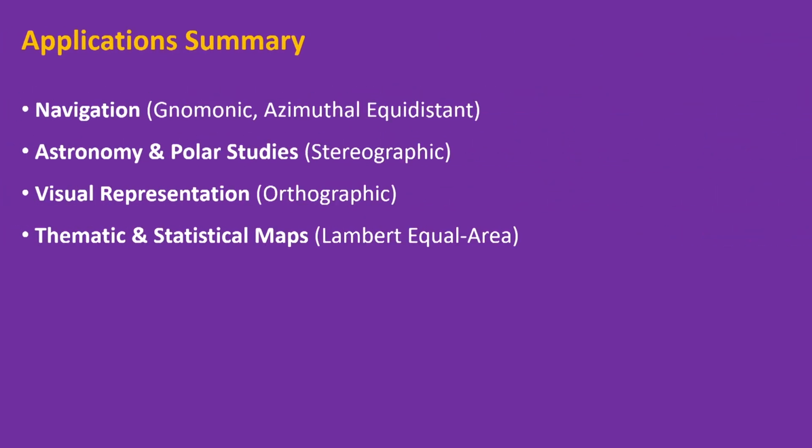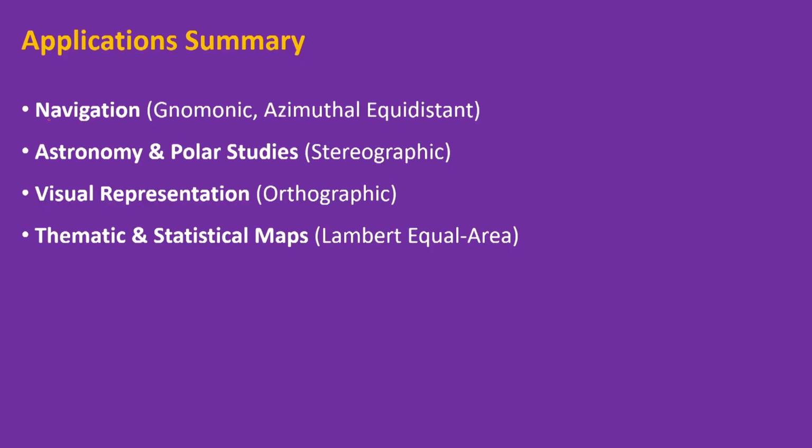Application summary: again, you have to decide. If you are a geospatial working professional, a cartographer or map maker, whoever it may be, you look for the requirement. If you want to work on any project which deals with navigation, then probably you can use gnomonic, azimuthal equidistant.